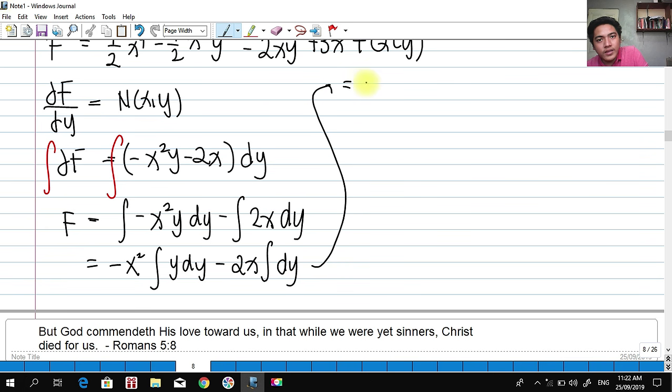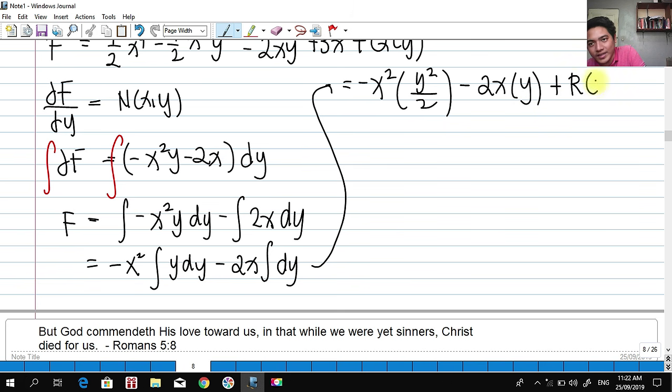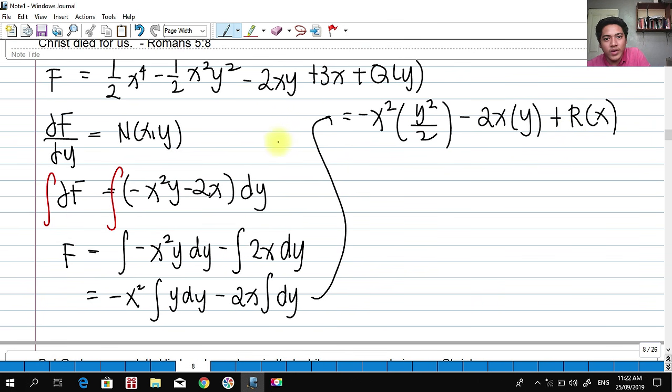We have negative x squared y squared over 2, okay, minus 2x times the integral of dy, which is y, okay, plus r of x, don't forget that, a constant purely in terms of x. So we have now f as negative 1/2 x squared y squared minus 2xy plus r of x.